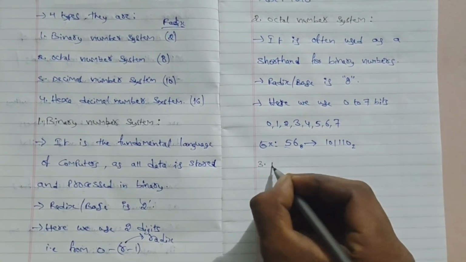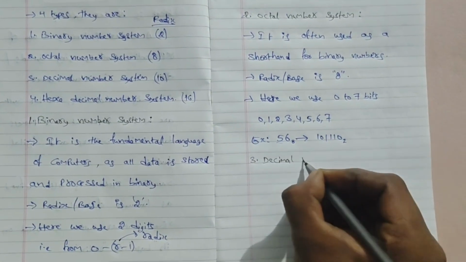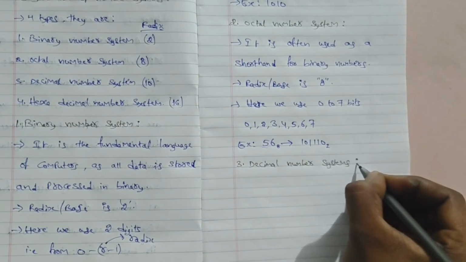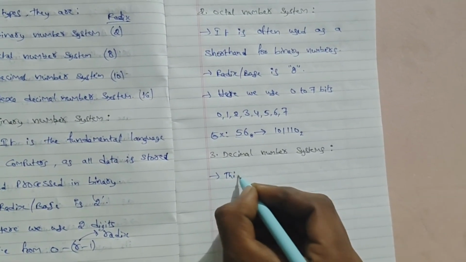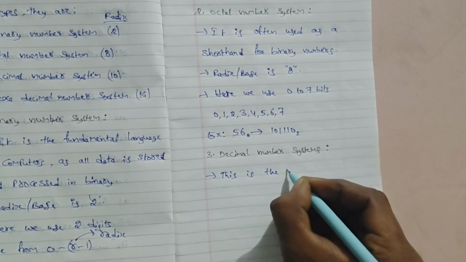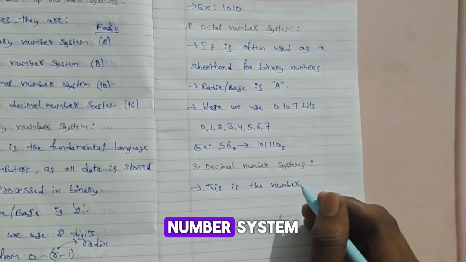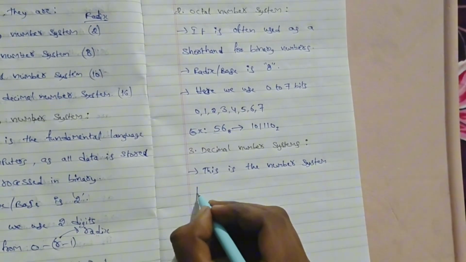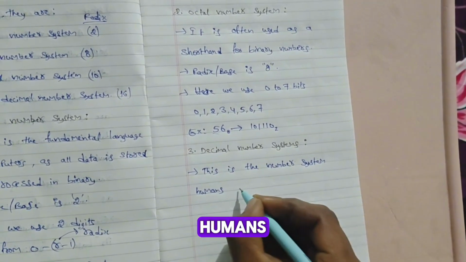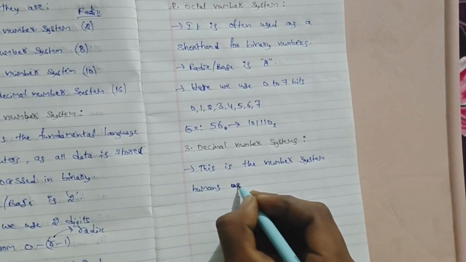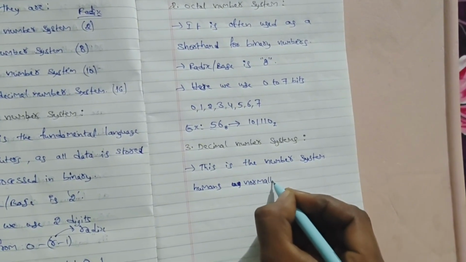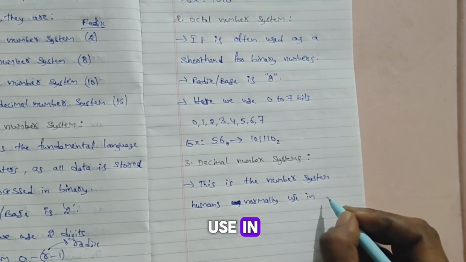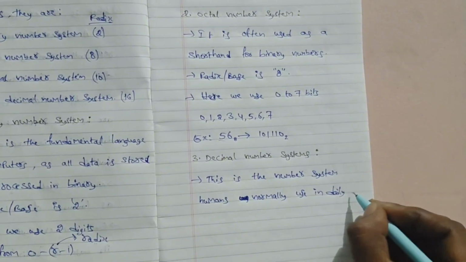Third one is the decimal number system. This is the number system humans normally use in daily life.